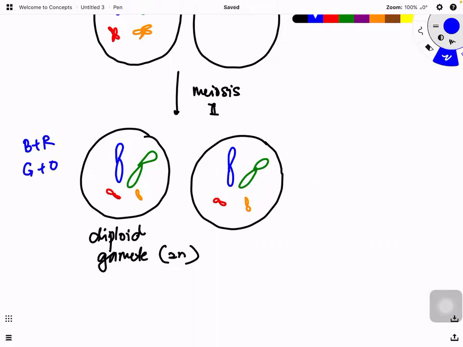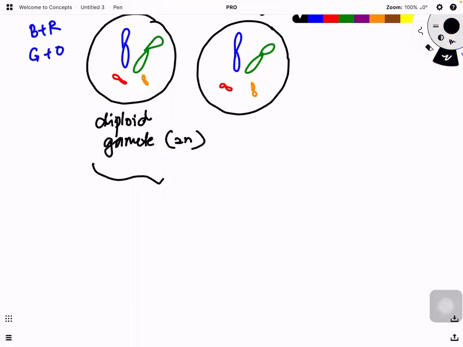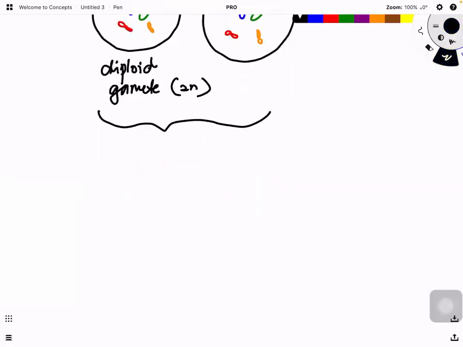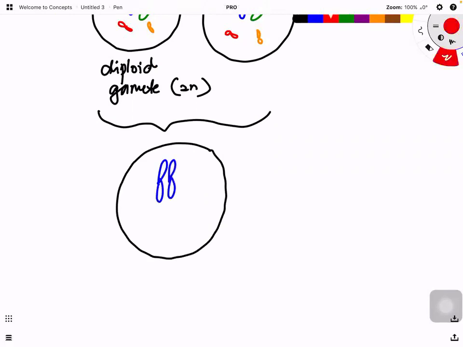Okay. Now, if this is a male gamete, this is a female gamete, and fertilization takes place, now we're going to get 2 blue, which can pair now. 2 reds, they can pair now. 2 greens, they can pair, and 2 orange, they can pair.